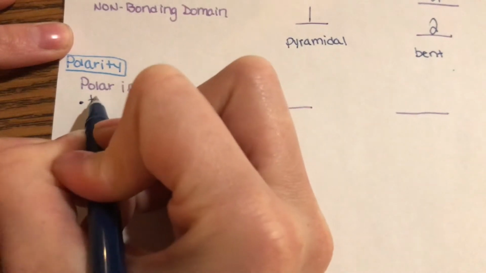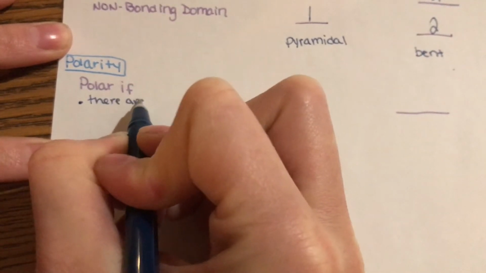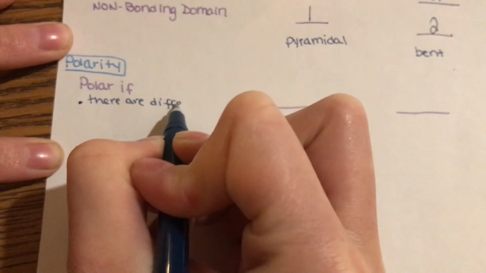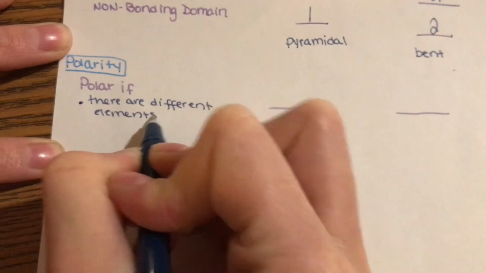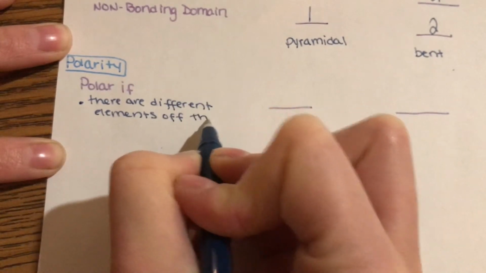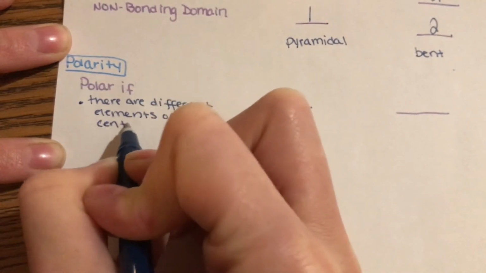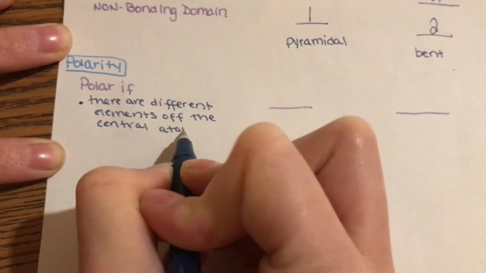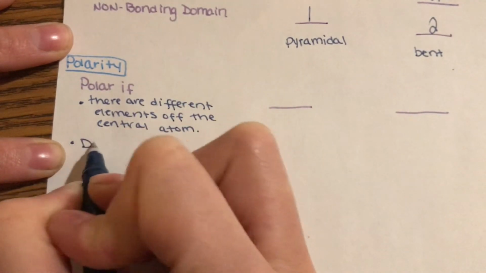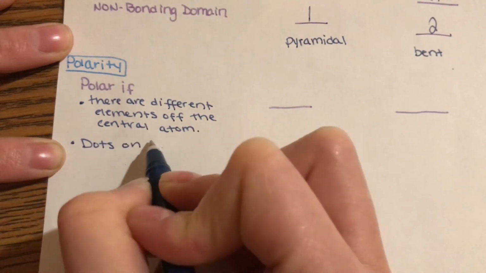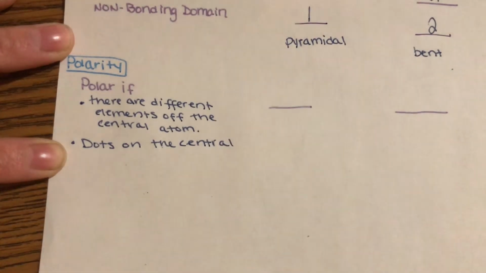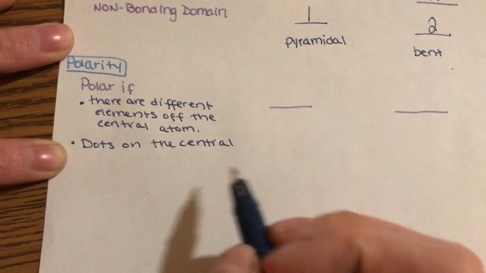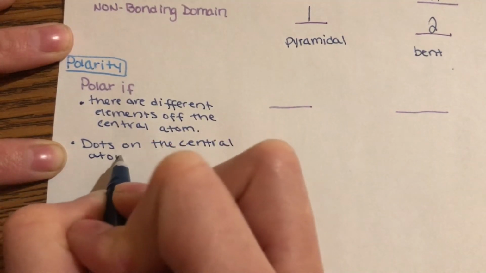So if there are different elements off the central atom, if there are dots on the central atom. So this rule works for all the shapes that we do in this class. It doesn't work for all shapes. So there are exceptions if you go on to a different chemistry class, but it works for us.